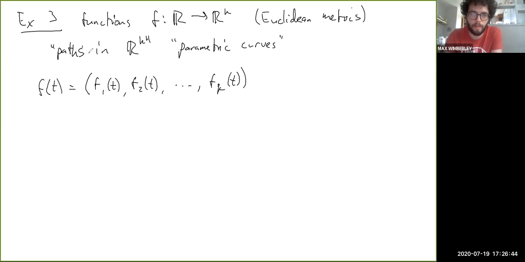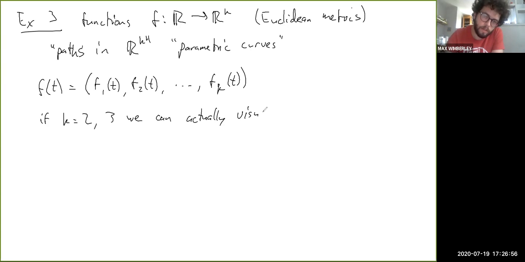So these are paths in R^k, and if k equals 2 or 3, we can actually visualize f of R, the image, right? Not to be confused with the graph of f, which has one extra dimension where you plot the t coordinate itself.